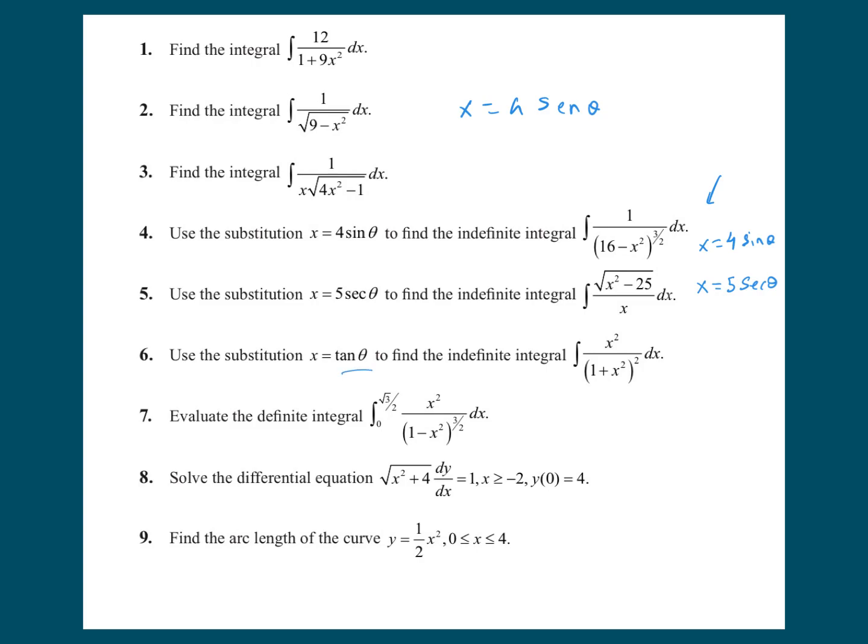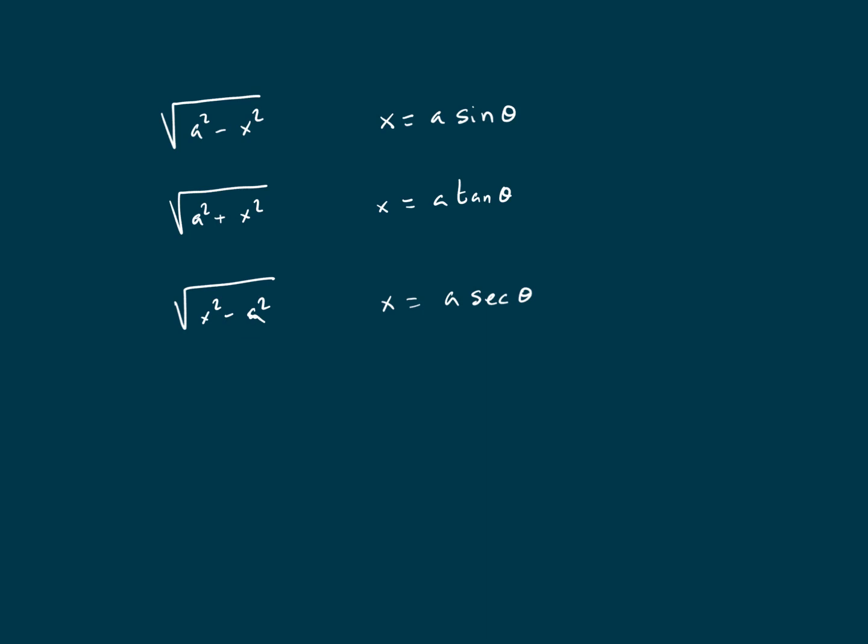So, what is the summary of what I'm saying? Wherever a radical of a squared minus x squared appears, the correct trigonometric substitution to use is x equals a sine of theta. If a radical of a squared plus x squared appears, the correct trigonometric substitution that will solve the integral is x equals a tangent of theta.